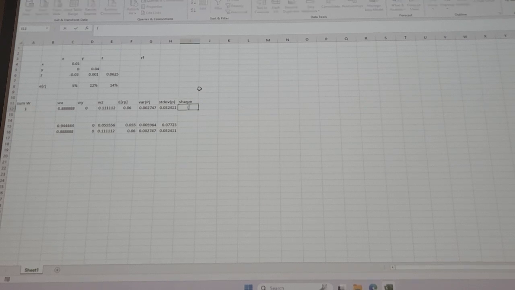Excess return, which is the return of your portfolio minus, in parentheses, the expected return of your portfolio minus the risk-free rate, divided by the standard deviation of the portfolio, right?